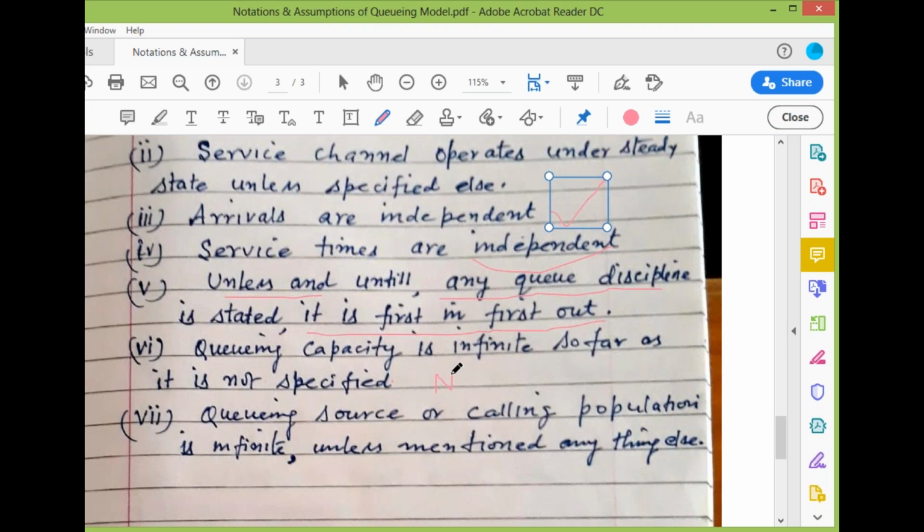Assumed means this is an assumption that it is infinite, that the capacity is infinite. The next one is the calling source or calling population. Unless and until this is mentioned or provided, we can say that this is also infinite. So the calling population is also infinite.